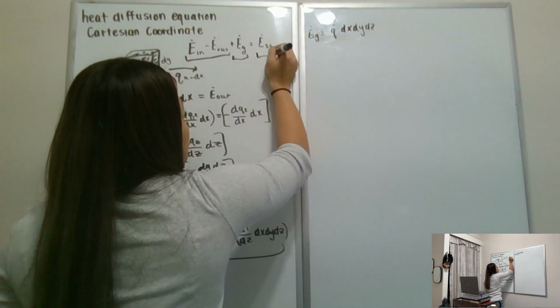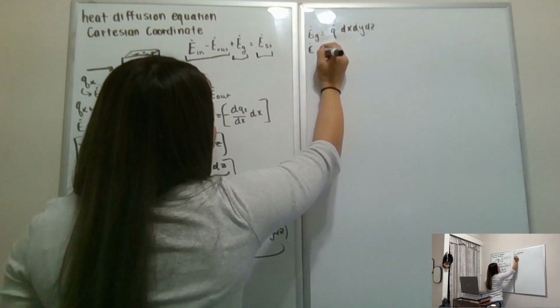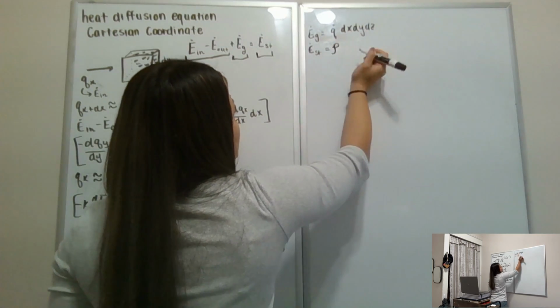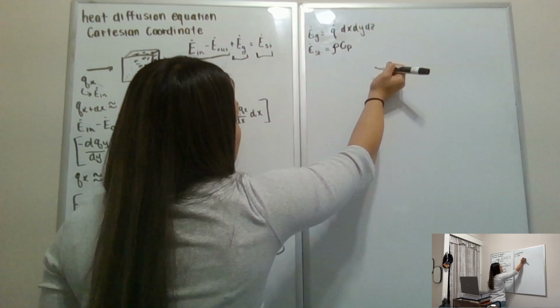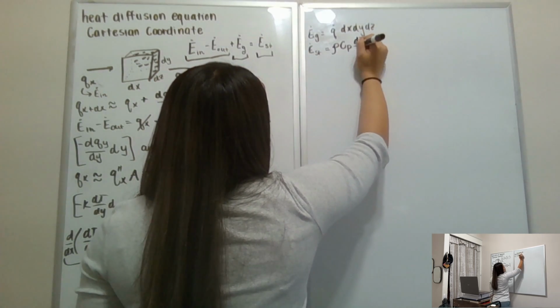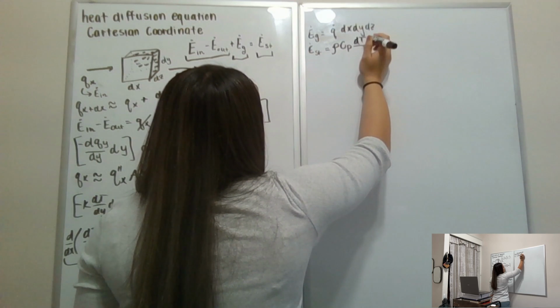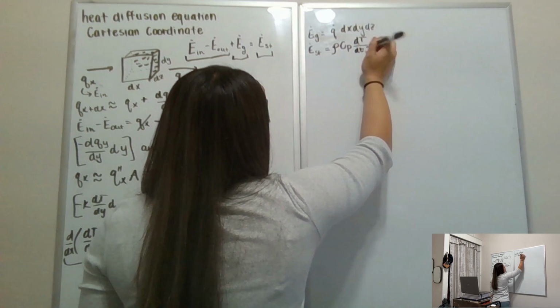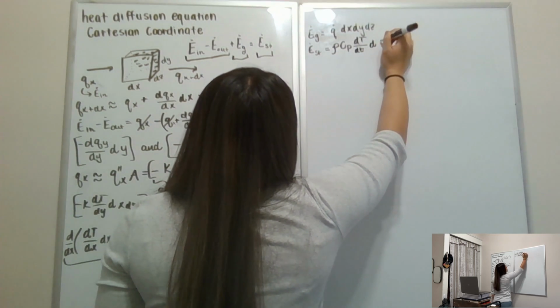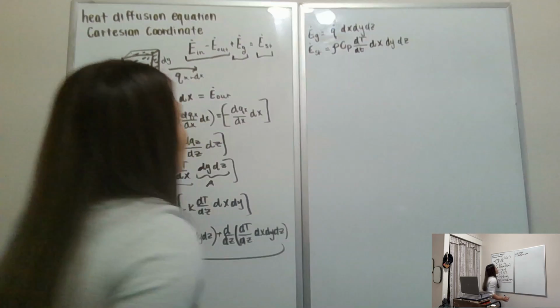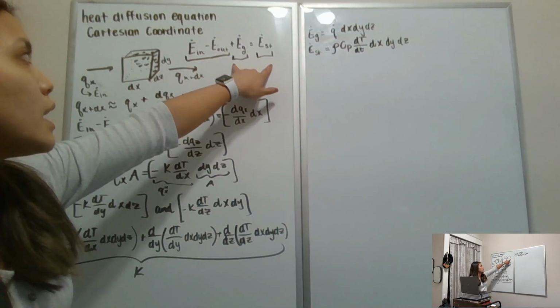Then energy stored is equal to the density times the heat capacity times the change in temperature with respect to time times the volume, so dx, dy, dz. So those are our three energy sections.